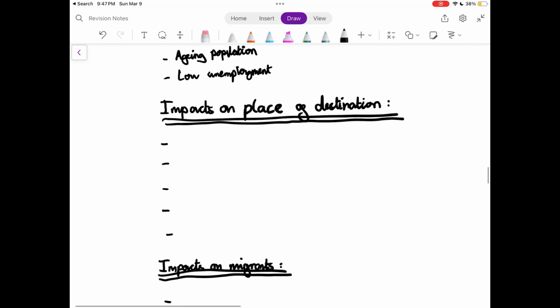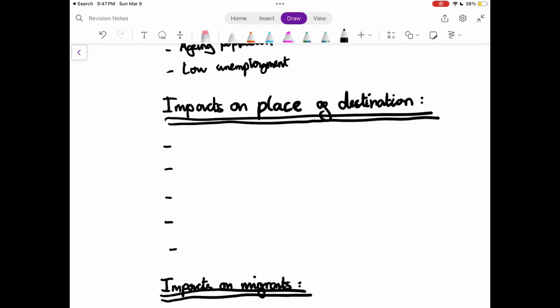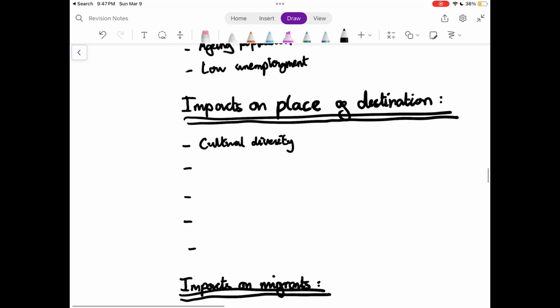So now we're going to be looking at the impact on the destination, and one impact could be cultural diversity, and this is because there may be different ethnic or cultural groups moving into a country, and this therefore increases cultural exchange, etc. And another positive impact is a skilled workforce, because people from other areas may be able to migrate to the destination and be able to apply their skills to different jobs, which could increase the economic productivity.